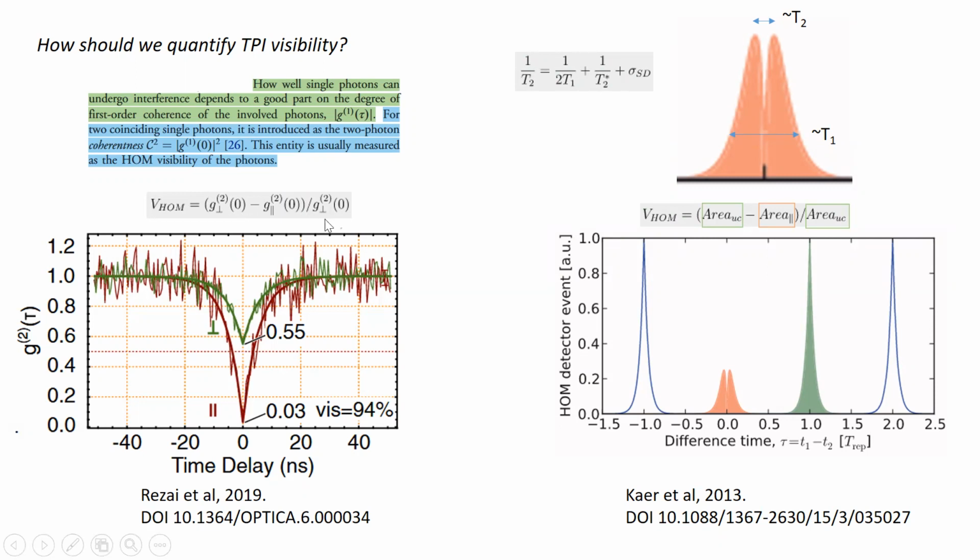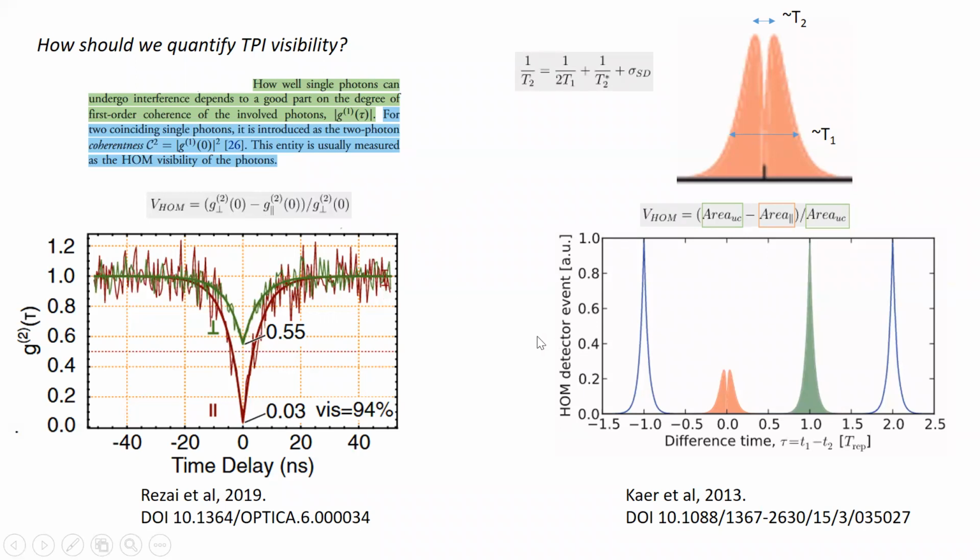One way to quantify the visibility is to look at the relative difference, the ratio of the difference between the dip for each state and then the dip divided by the dip at this one. Obviously, if this goes all the way to 0, then your visibility is unity. And if it's very poor, then you get a visibility close to 0.